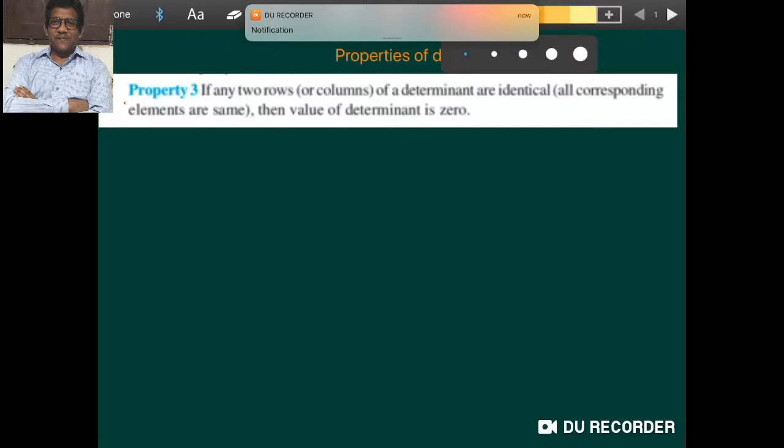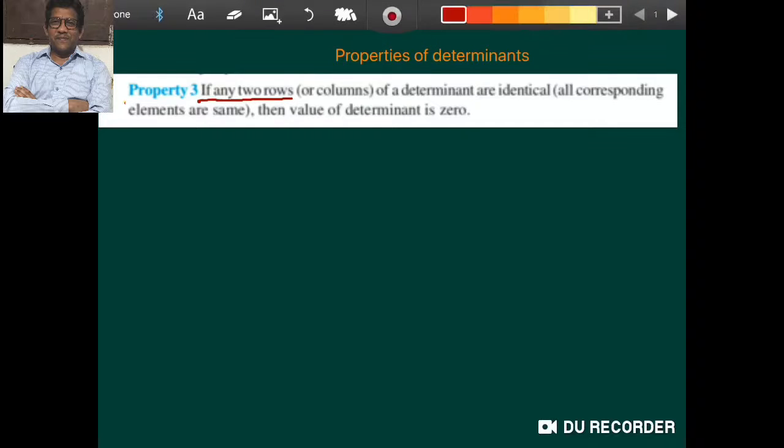Property 3: if any two rows or columns of a determinant are identical, that is, all corresponding elements are the same, then the value of the determinant is 0.